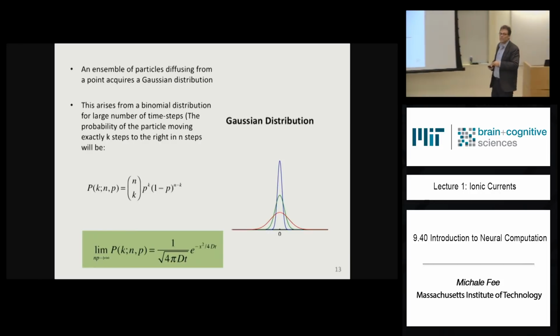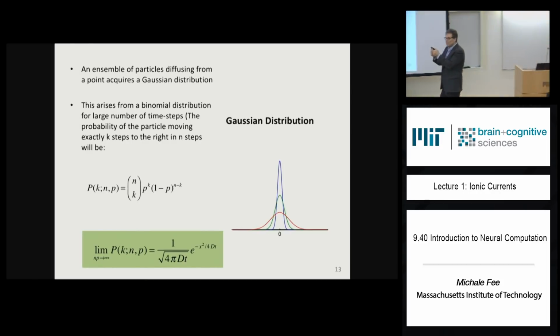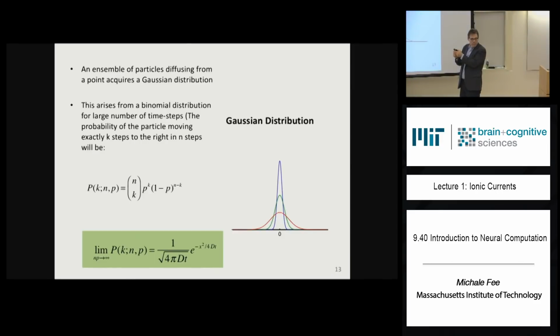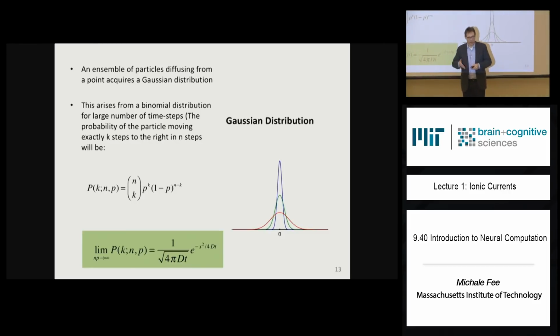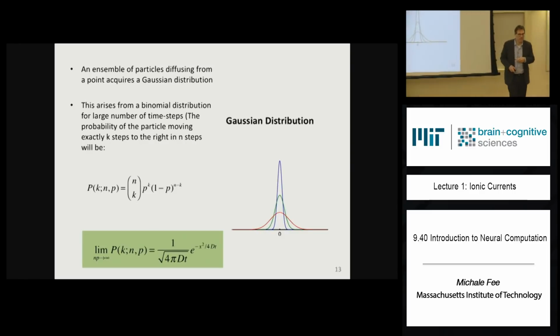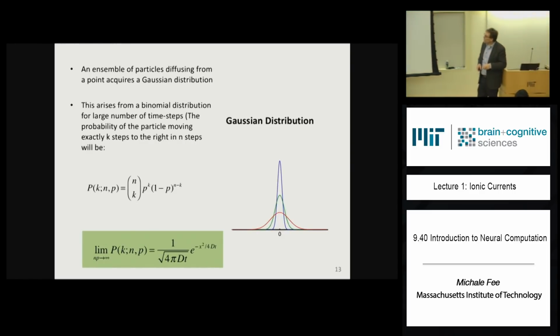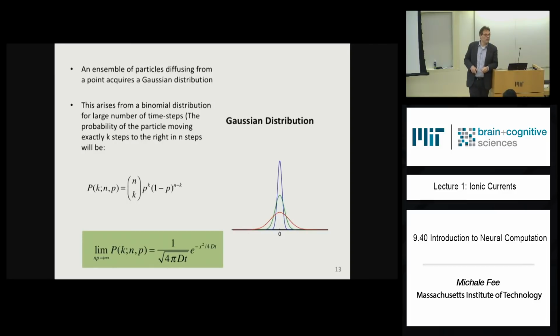The basic reason is that particles start at the center, and on every time step they have a probability of 1/2 of going to the right and 1/2 of going to the left. So there are many more combinations of ways a particle can do some lefts and some rights and end up back where it started. It's very unlikely that the particle will go right a whole bunch of times in a row, and so that's why the density in the distribution is very low down here. And so you end up with something that's just a Gaussian distribution.